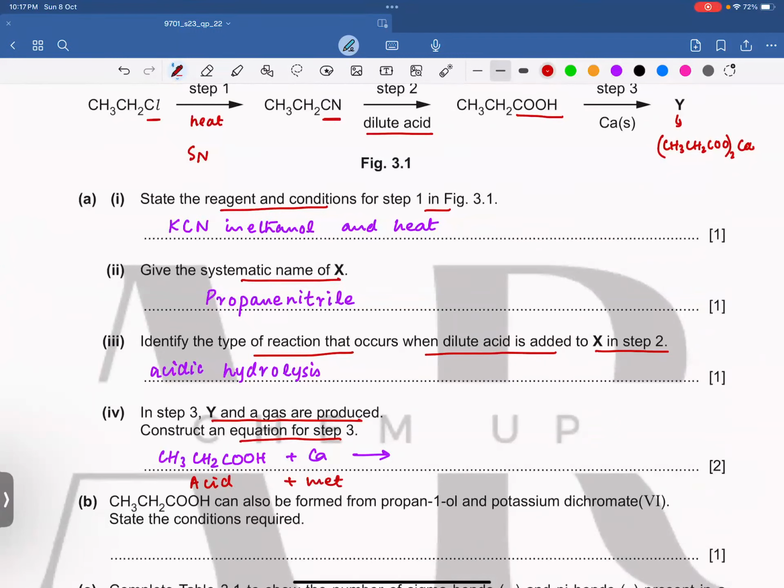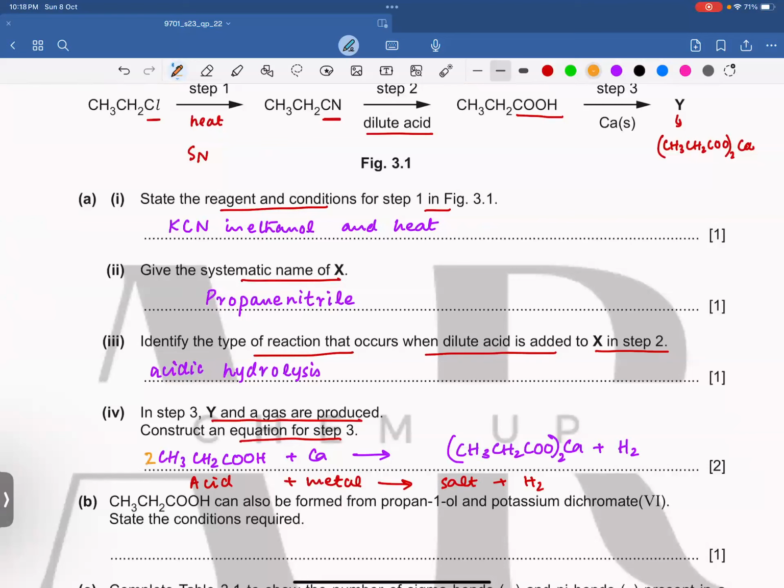We figured out the formula for the salt: (CH3CH2COO)2Ca, and then H2 gas. To balance the equation, I have to put 2 over here. Now the equation is balanced. Is this clear? Yes, sir.